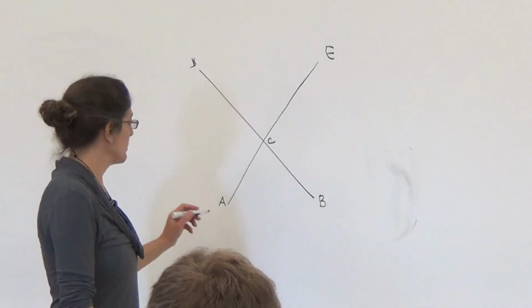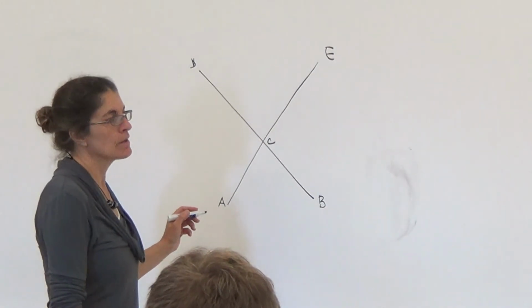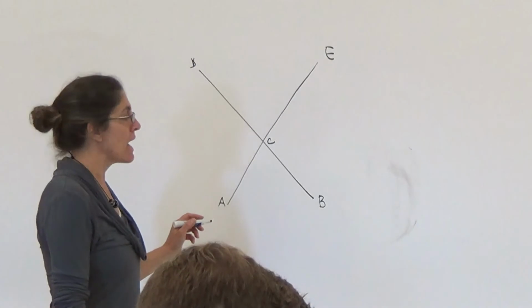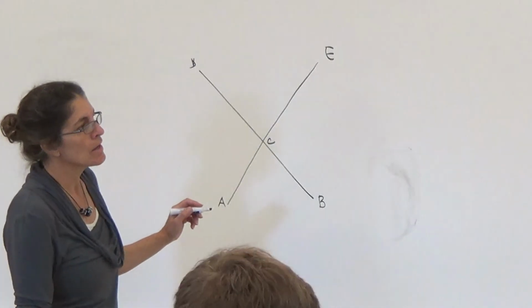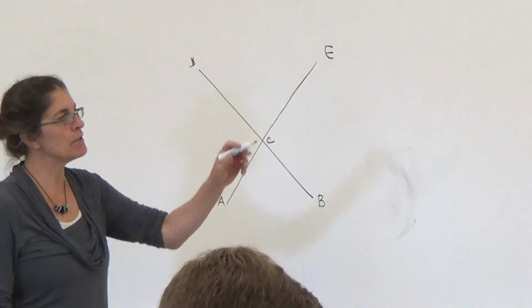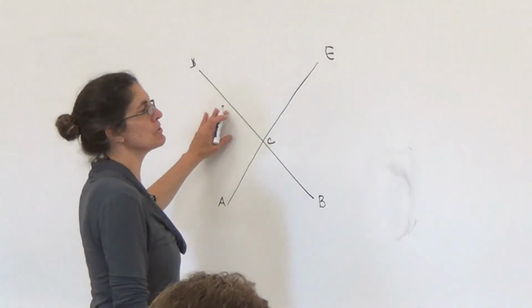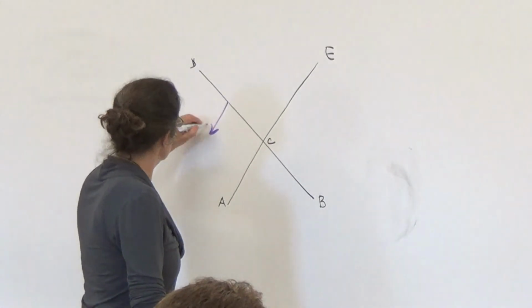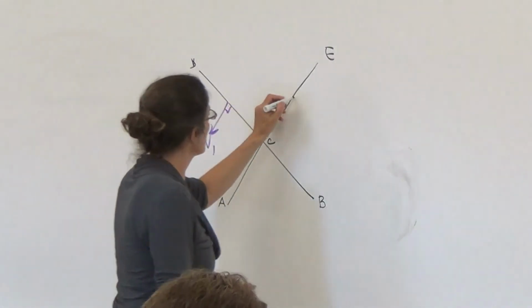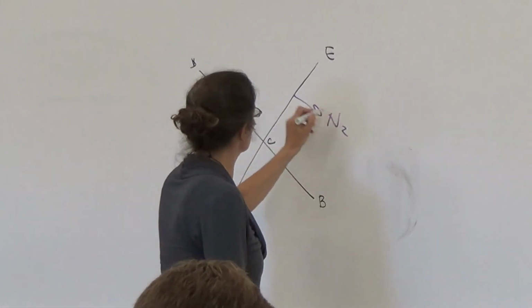Normals, right, which ones? A, C, down. Say it again, give me the variable. N1 and N2. Okay, N1 and N2, so here is N1, and here's N2.